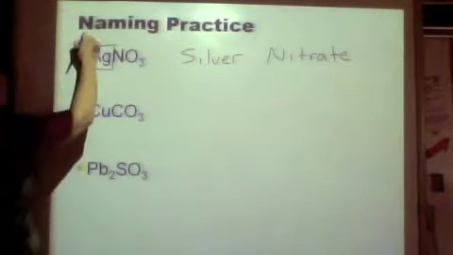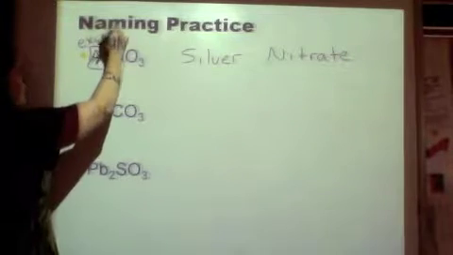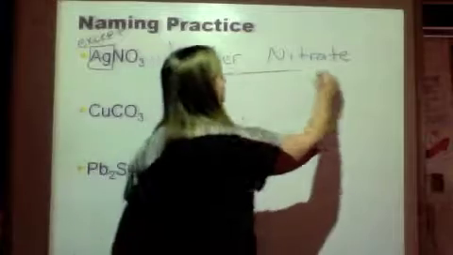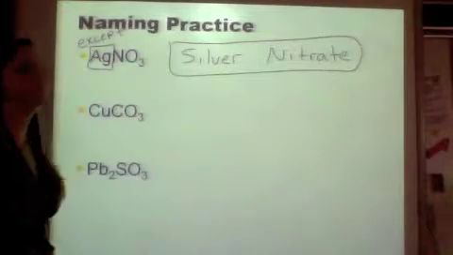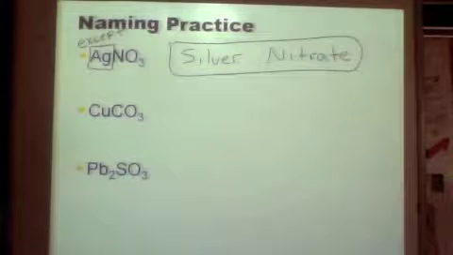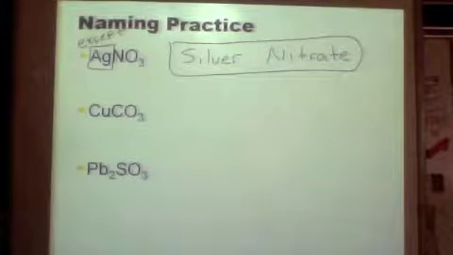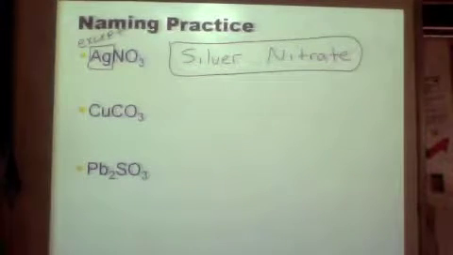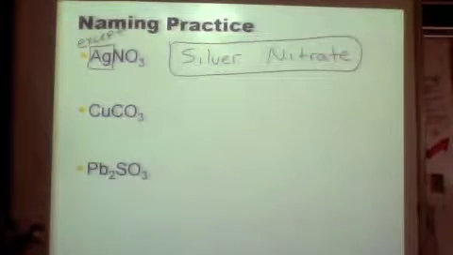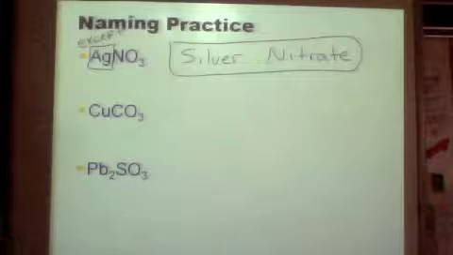Yes, but it is one of the exceptions. So therefore, you don't need a Roman numeral. If it's one of the 6 exceptions that we put on your reference table, then you don't need a Roman numeral. Okay, the next 2 are the most missed. I'm going to do the first one. You're going to do the next one by yourself and then check your answer.